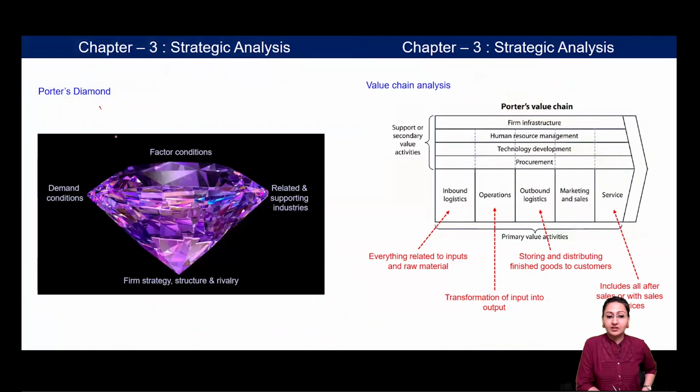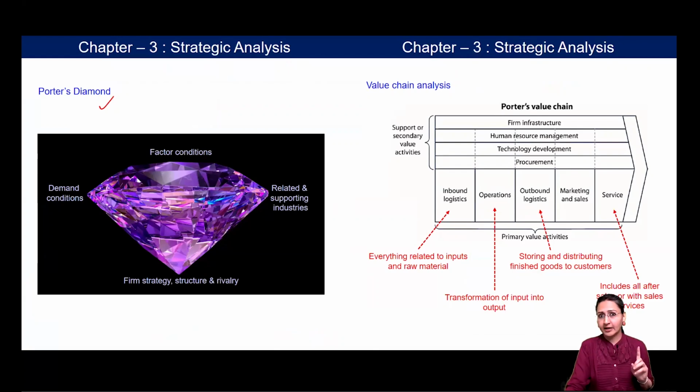Then comes Porter's diamond. Now, where do we use Porter's diamond? Where we want to analyze why in a particular country, one company gets more competitive advantage as compared to the same company working somewhere else. So here we are bringing a contrast between the companies working in different countries.